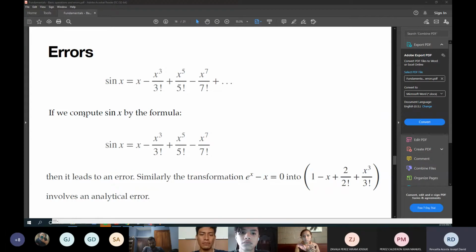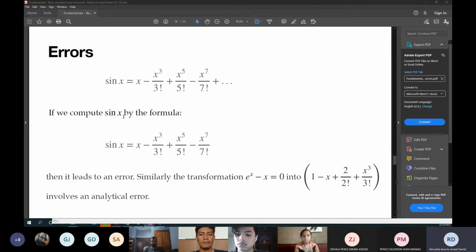If we compute the sine, instead of using this infinite formula, by using only the first 4 terms, I just cut off this expression, so I will obtain a certain error, right? Let's just do this example, this operation.